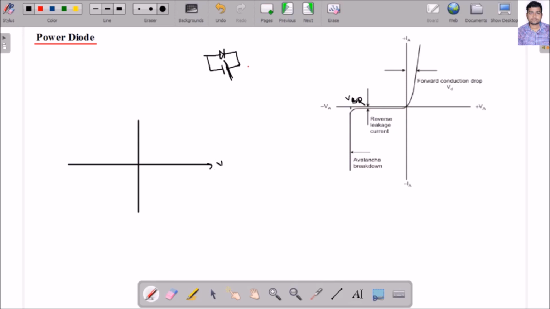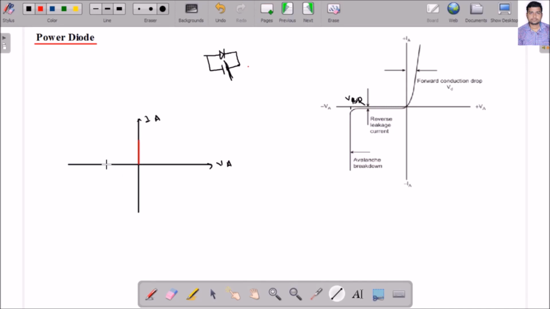So this is the voltage across the diode VA, and suppose this is the current in the diode IA. Then the characteristic of an ideal diode is that it cannot block positive voltage. As soon as I give the supply, it will start to conduct.